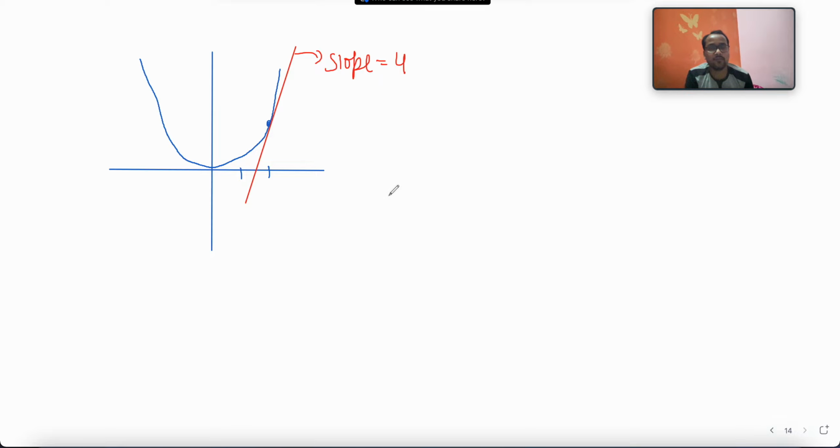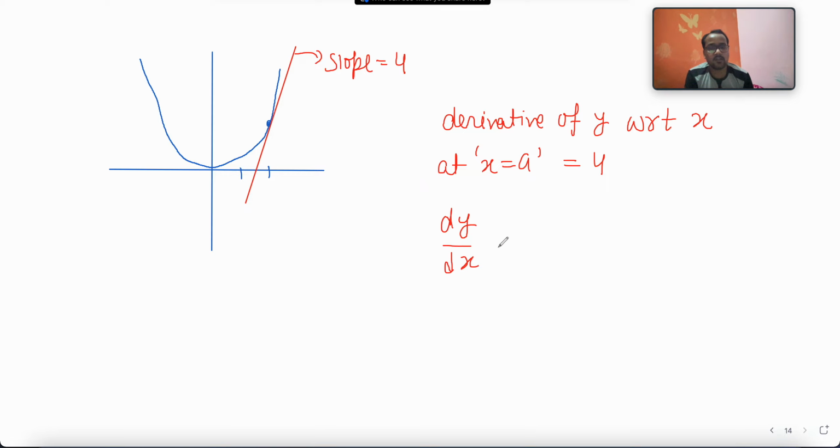Okay, so that means we got the derivative of y with respect to x at x equal to 2, here not a, it is 2, is equal to 4.